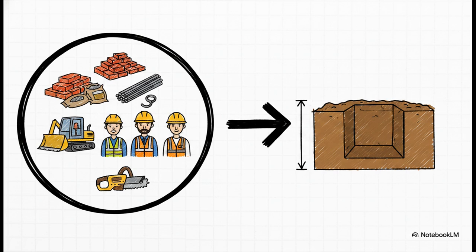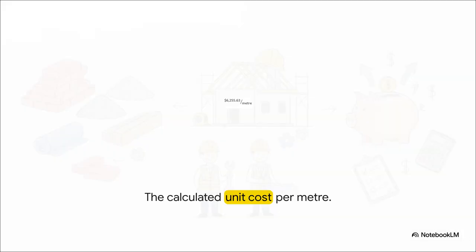We take that grand total of just over $28,000 and divide it by the foundation's total depth, which is 4.5 meters. And there it is, the final resolution of our case study, $6,255.63 per meter. That is the exact number John will confidently input into his final tender to bid for the job, knowing for a fact that every single worker, material, and minute of downtime is fully and accurately accounted for.